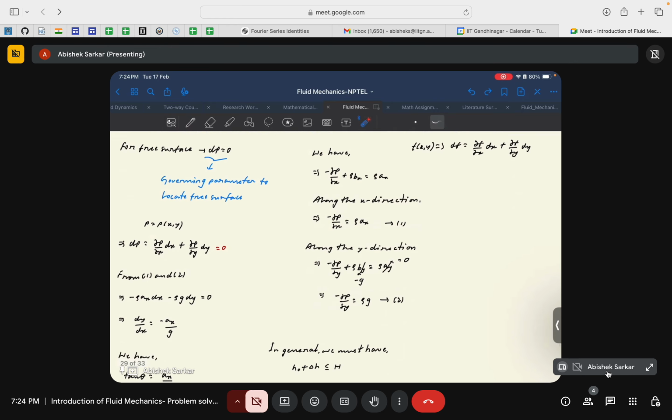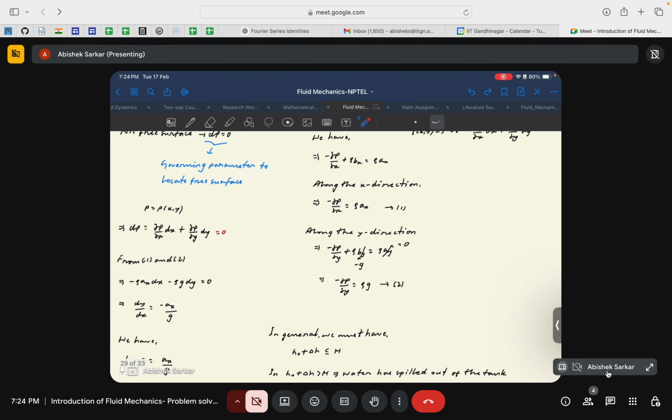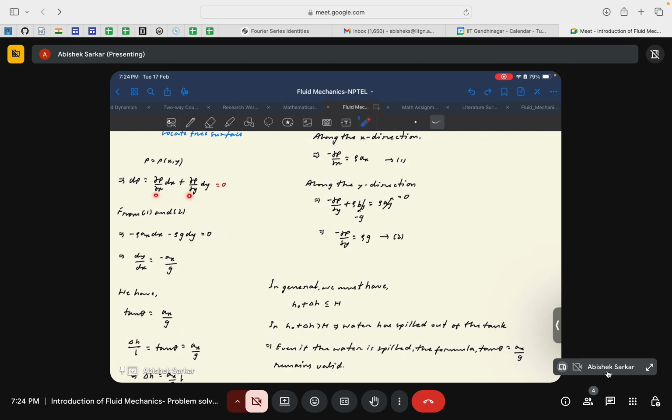Similarly, along the y direction, for this particular case, since there is no acceleration along the y direction, rho ay is 0, but minus dou p by dou y plus rho by is equal to 0, and by is minus g, considering the direction of gravity along the negative z direction, so we will get minus dou p by dou y is equal to rho g. So from these two equations, you can just replace dou p by dou x and dou p by dou y in this equation.